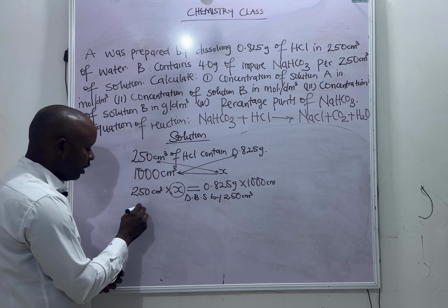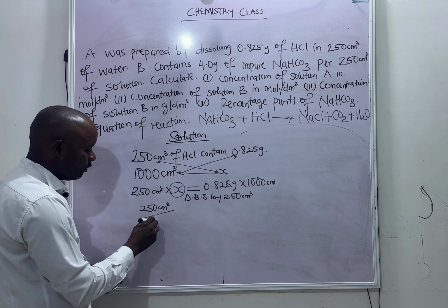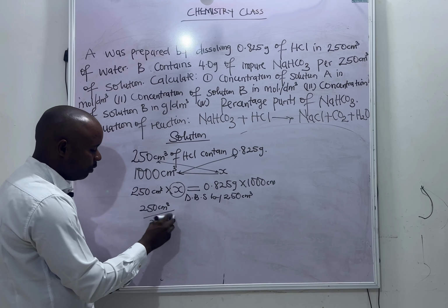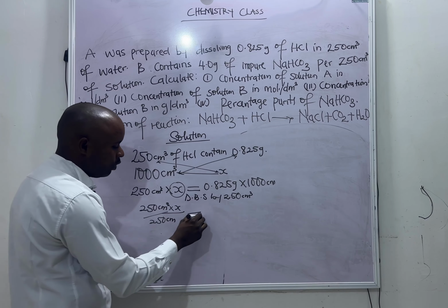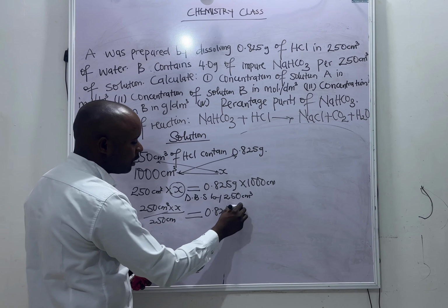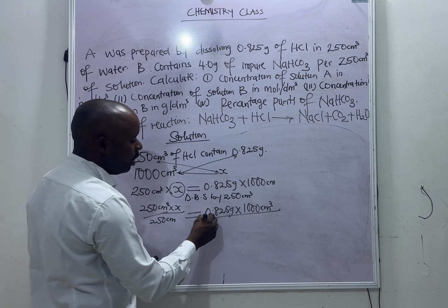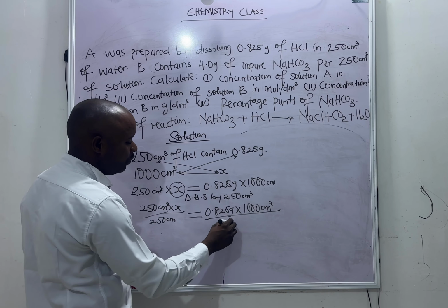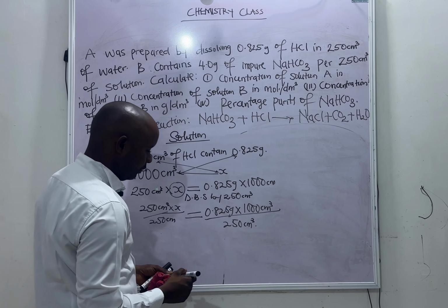So 250 cm cube all over 250 cm cube cancels, and we have S equal to 0.825 gram times 1000 cm cube all over 250 cm cube.